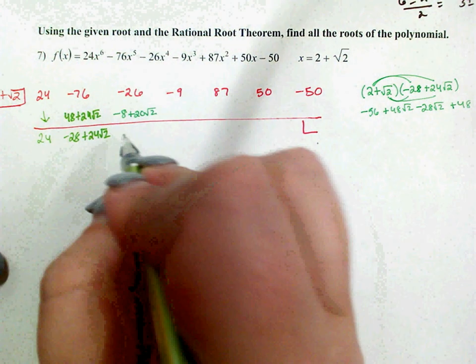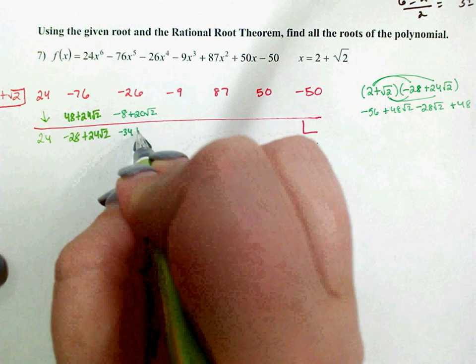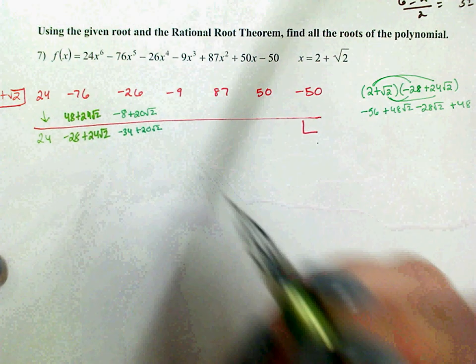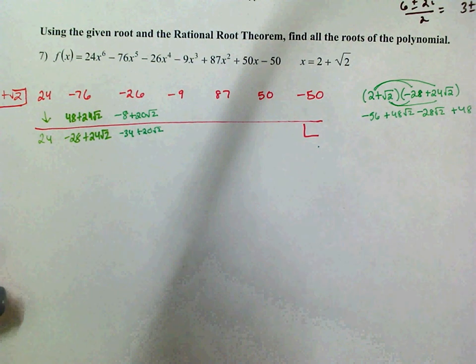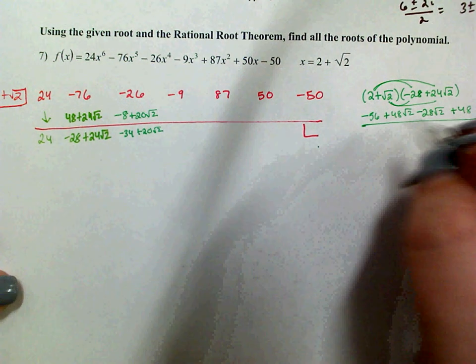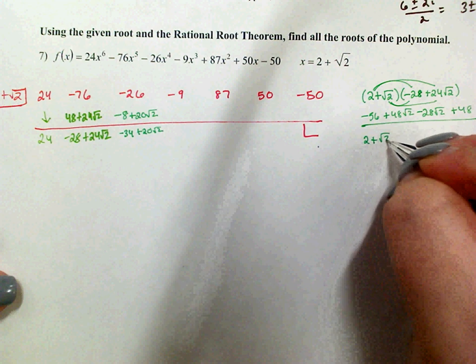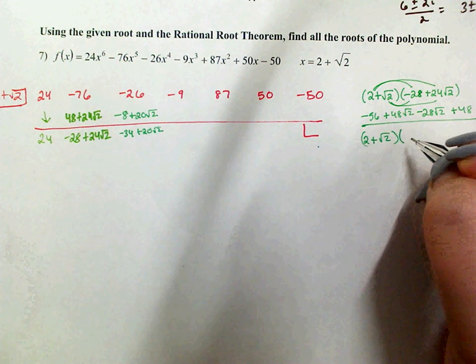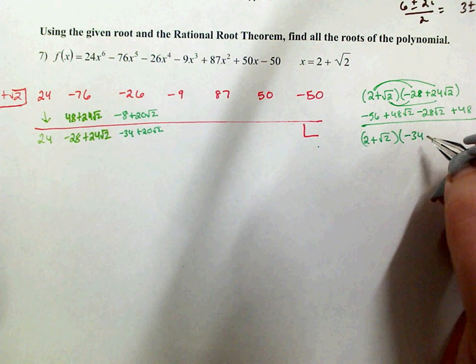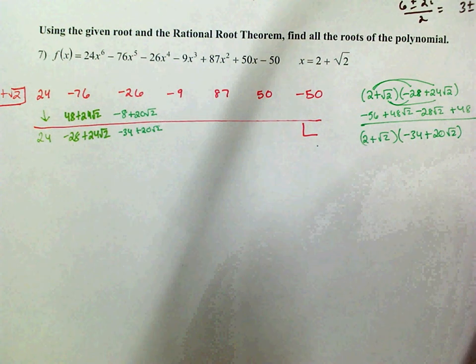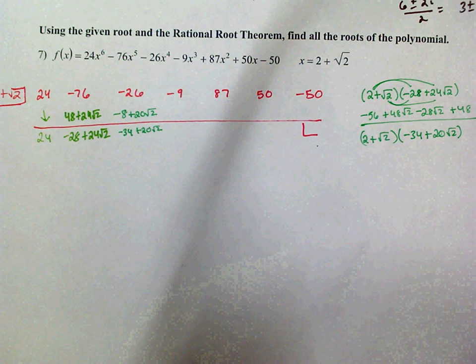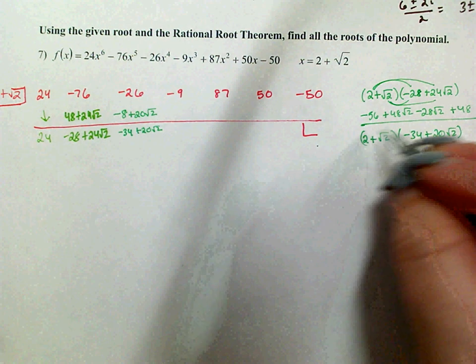All right, now I need to multiply again. Okay, 2 plus the square root of 2 times negative 34 plus 20 square root of 2. All right, here we go. 2 times negative 34 is negative 68. 2 times 20 square root of 2 is 40 square root of 2.